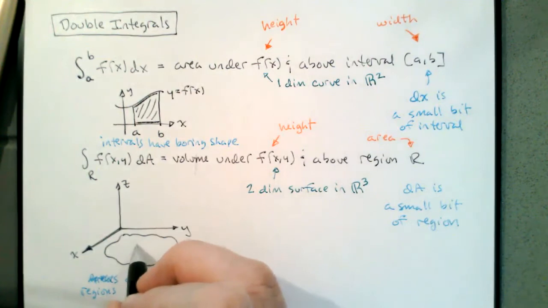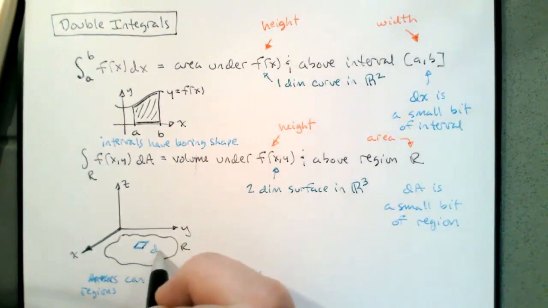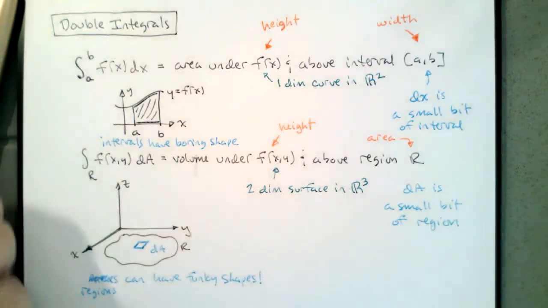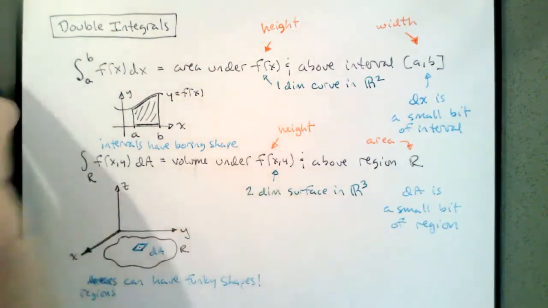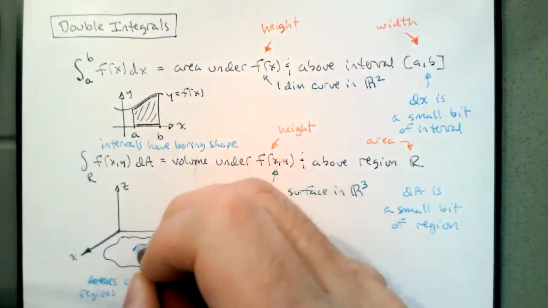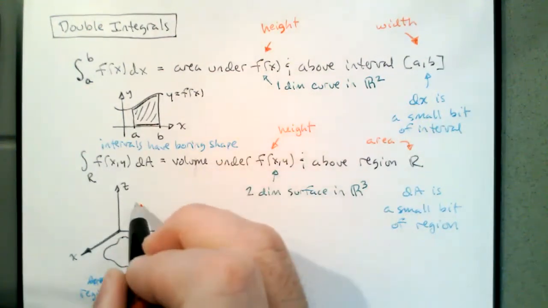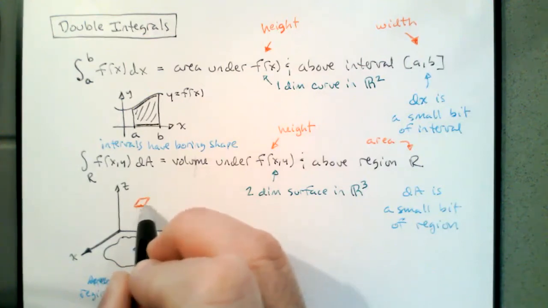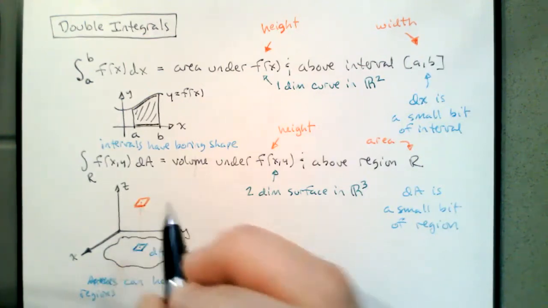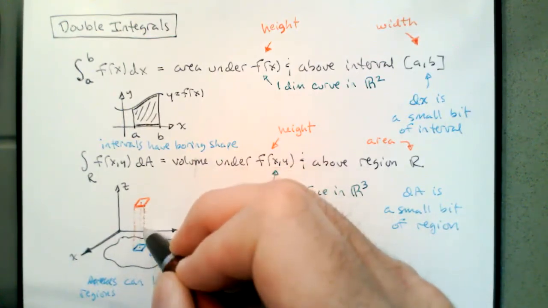We're finding a little piece of area, choosing a point, evaluating the function at that point, and calculating the volume of this little box.